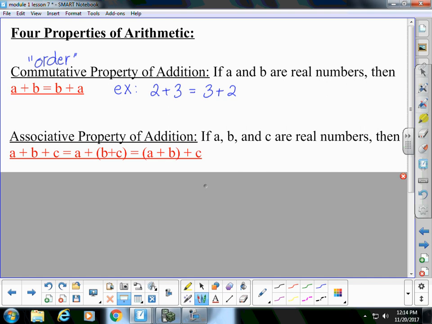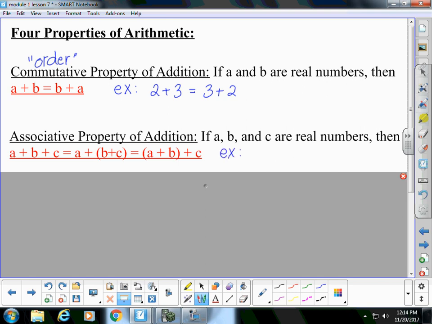Now, the associative property of addition, this is when you have 3 numbers. So in general, we're going to call them A, B, and C. If you have 3 numbers, then it doesn't matter what way you add them, the results are going to be the same. So if we have A plus B plus C, it doesn't matter if I add B and C first, or if I add A and B first, the result is going to be the same.